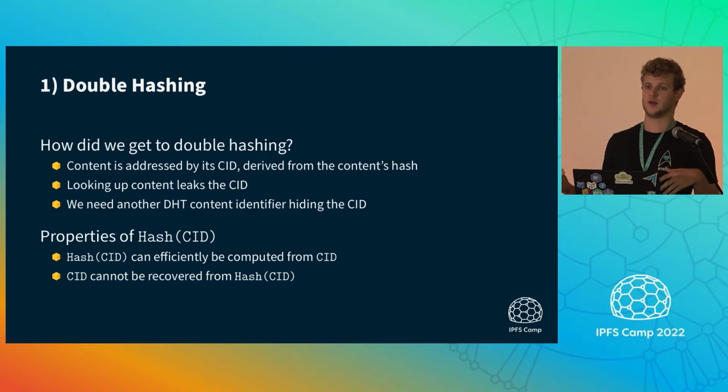So we want to have different content identifiers according to the different content routing mechanism or data transfer, so that we cannot link them together.